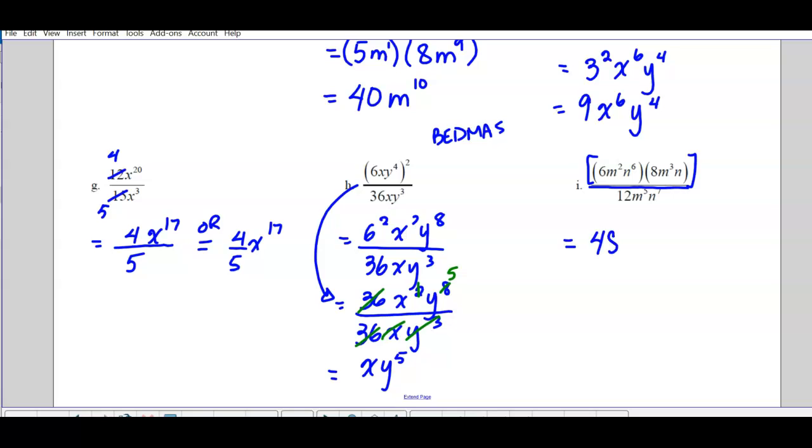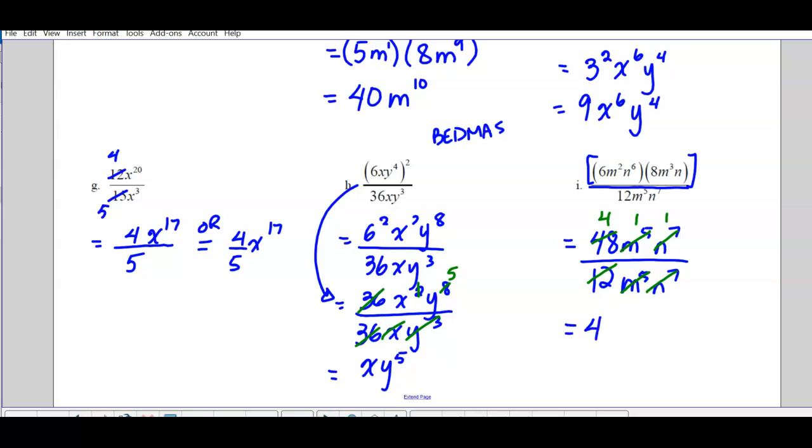So that's going to be 48 n to the 5th, n to the 7, over 12, m to the 5th, n to the 7, and then you can see 12 goes into 48 4 times, and notice how these are exactly the same, so they go in once. 4 times 1 times 1 is 4.